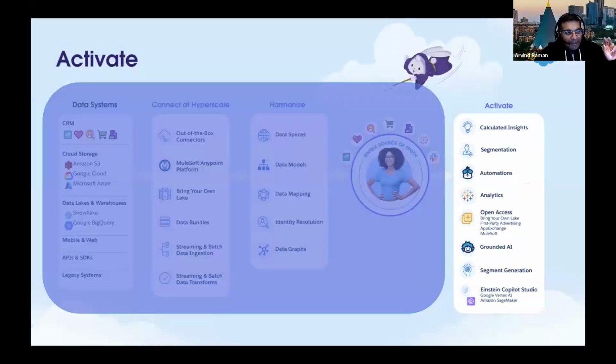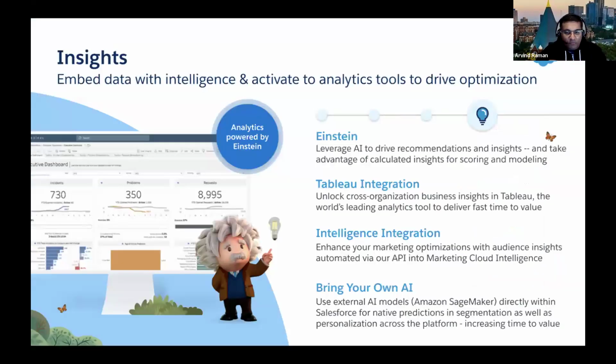We say activate, but even before you can activate, you can run some insights on the data. Within Data Cloud itself, we basically let you get insights on your data, right? That can be through analytics, through our Tableau integration, or through Marketing Cloud Intelligence. You can also bring your own AI models as well.